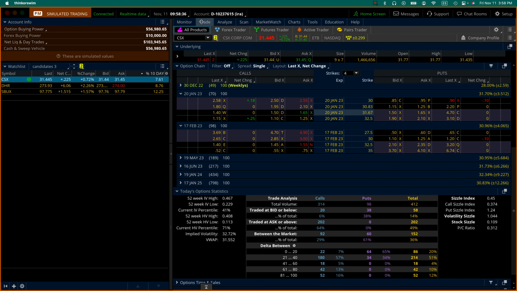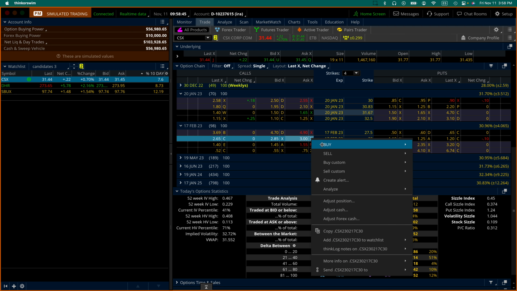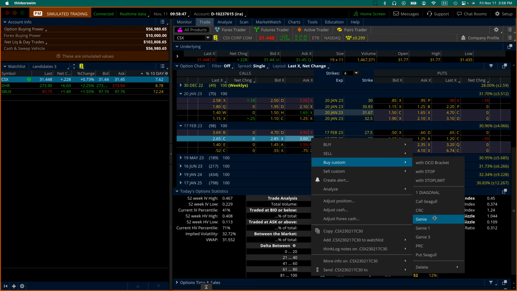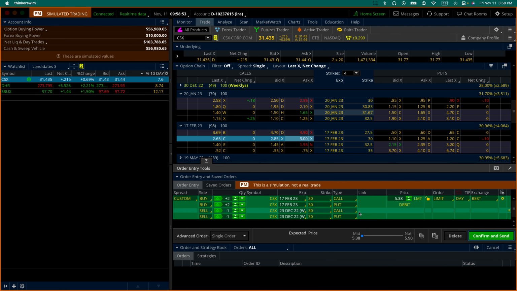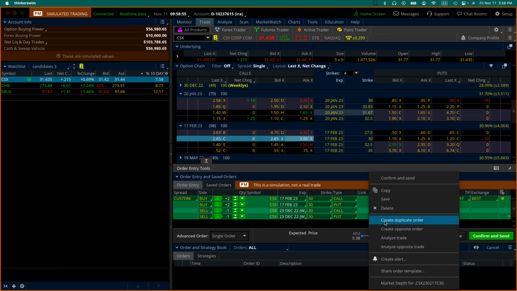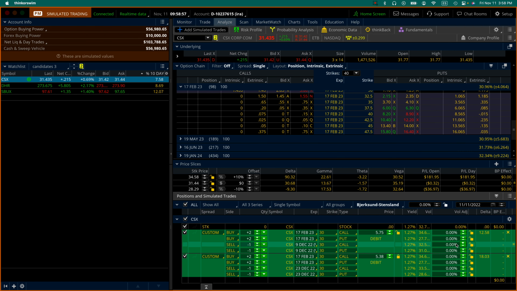It needs to be on the trade tab this time, okay? The templates won't work except on the trade tab for some reason. Click there and say buy custom, and you would see Genie or whatever name you gave to your template. I say Genie, and here it is. That's my trade. So then analyze it. And now we have the exact same trade, don't we? Okay, so let's move on.